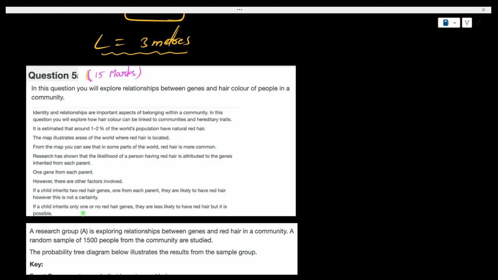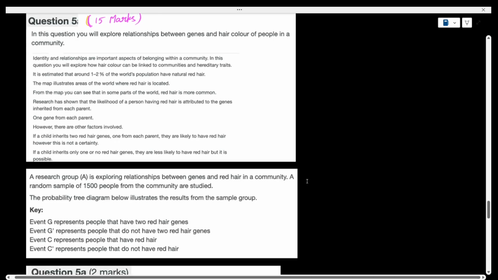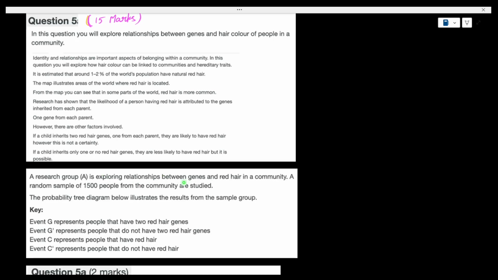If a child inherits only one or no red hair gene, then they are less likely to have red hair, but it is possible. A research group is exploring the relationship between genes and red hair in a community. A random sample of 1500 people from a community are studied. The probability tree diagram below illustrates the result from the sample group.